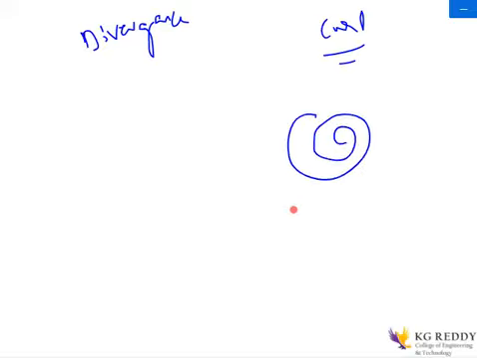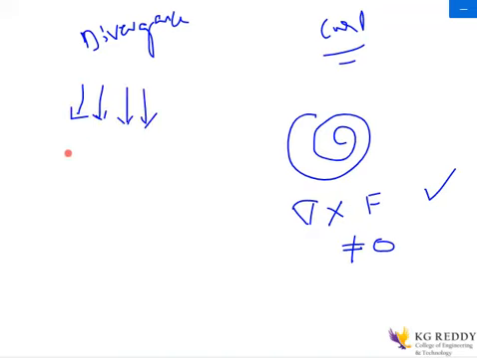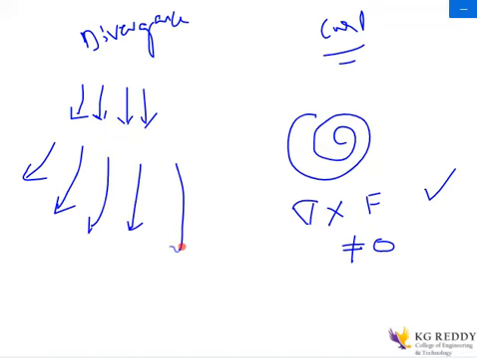A simple thing, in the divergence and the curl: whenever it is rotating, the curl exists, and then it is not equal to 0. A divergence means on one side the field is less and on the other side the field is more.